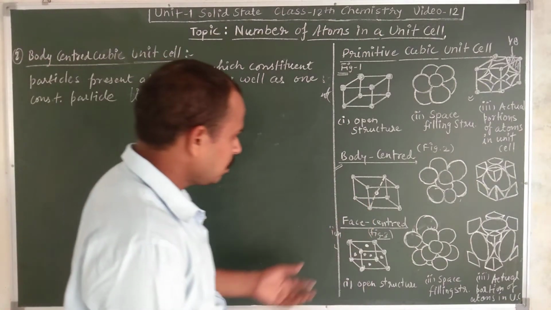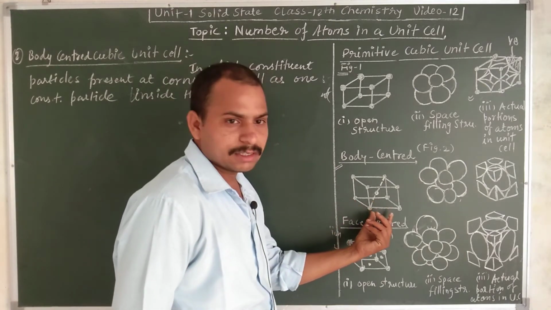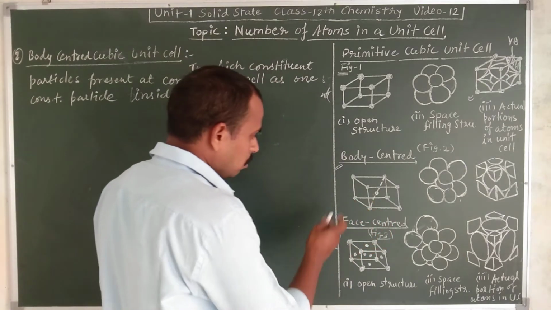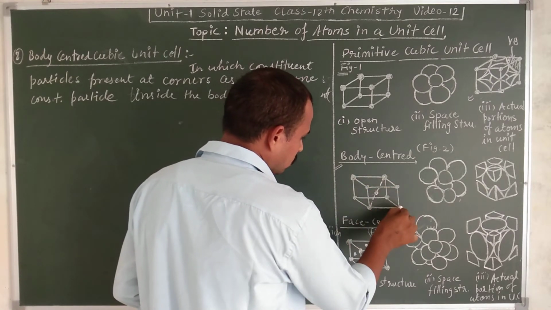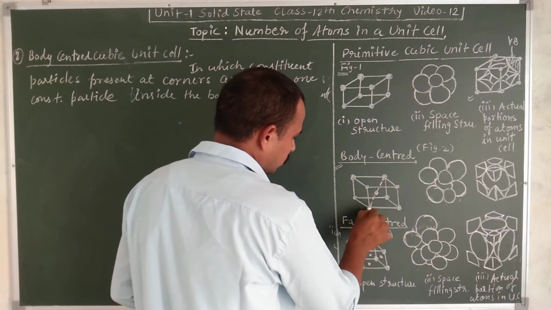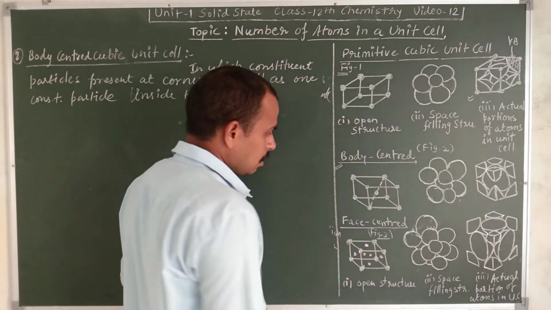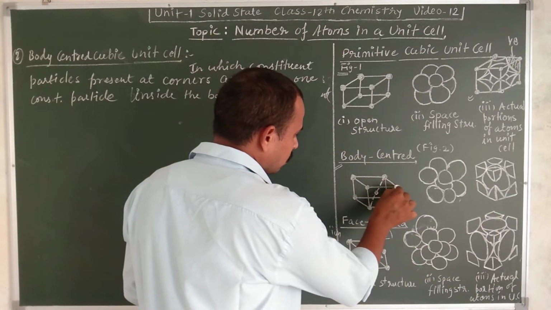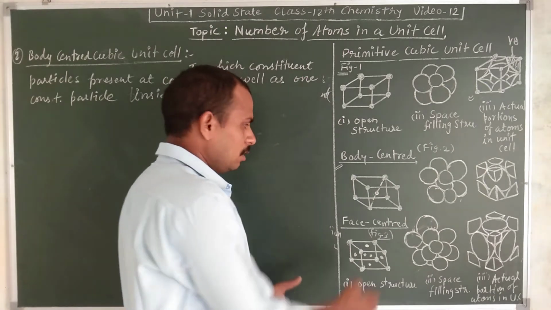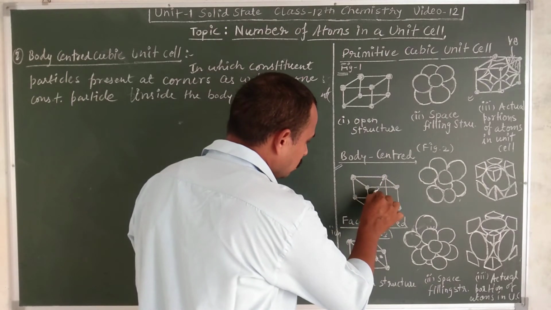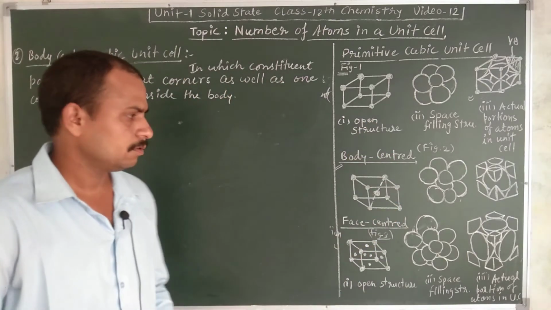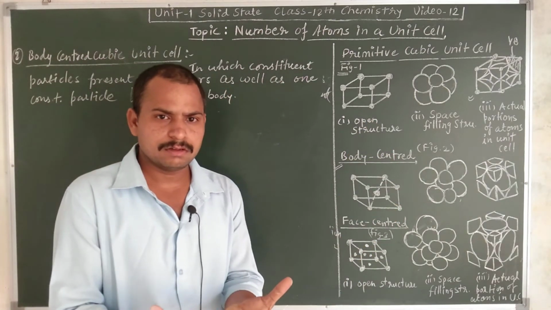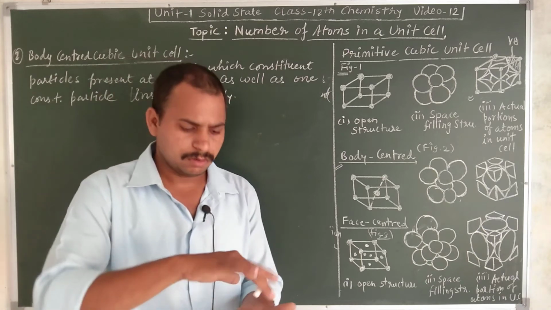So let's see. This is the body centered unit cell. Constituent particles present at corners and one constituent particle inside the body. This is inside the body. Yes, suppose we have an open box.